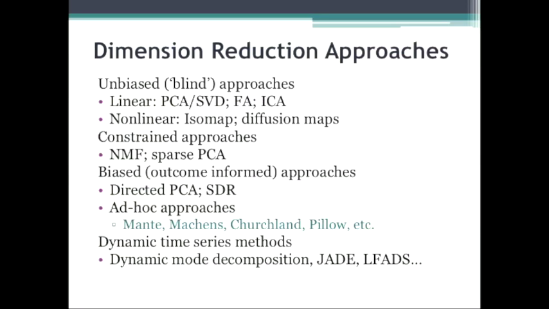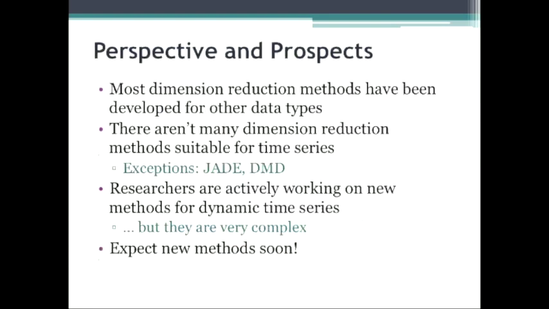There are also a whole lot of methods that are intended for time series. I'd like to point out that most of the dimension reduction methods were originally designed for data other than neuroscience data, often for data that isn't even time series data, but is, let's say, sociology or some kind of engineering measurements.